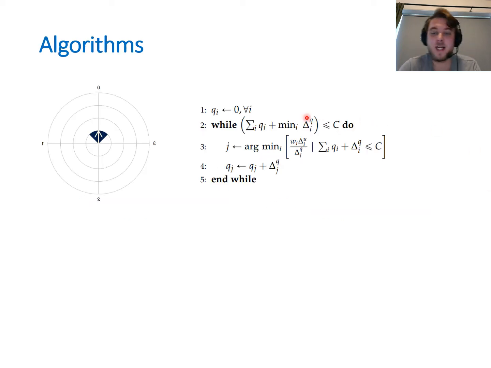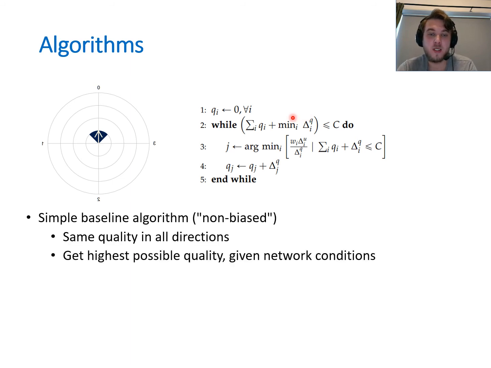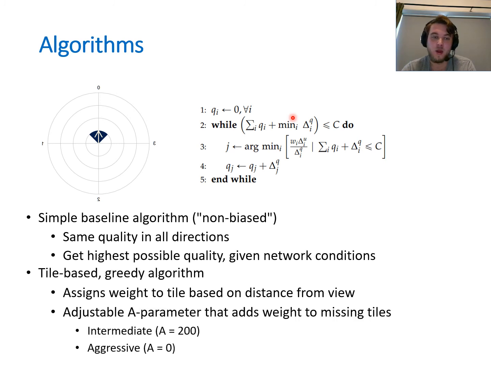Next, the algorithms used. We started off with a baseline algorithm, which we call non-biased. It fetches the same quality in all directions, and it gets the highest possible quality given the network conditions. So it works similar to the auto function on YouTube, for example. And then we have a tile-based greedy algorithm.